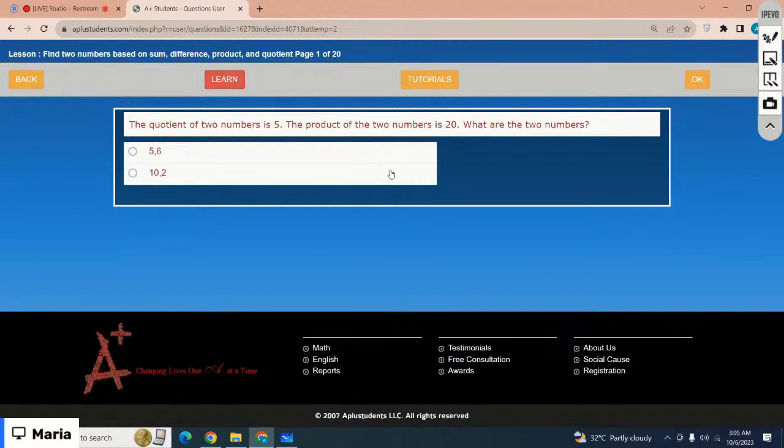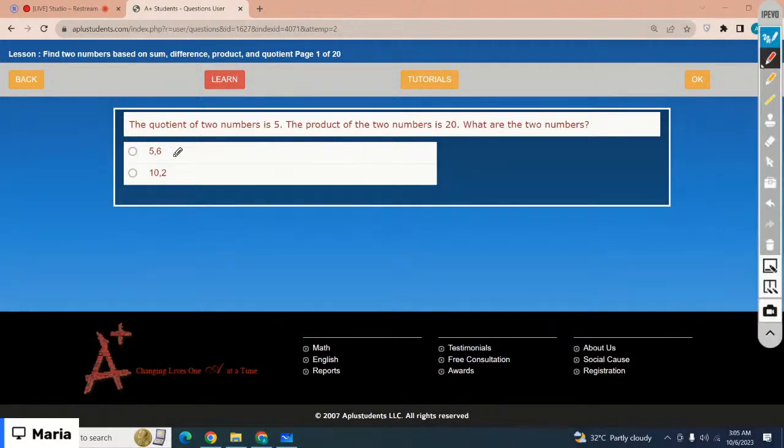In this case, you are given the options. When you are given the options, it is very easy. Just check with the options. 5 and 6: the quotient is 5? You cannot divide them evenly, and their product, 5 times 6, is 30. So this isn't the correct one. Look at the second one.